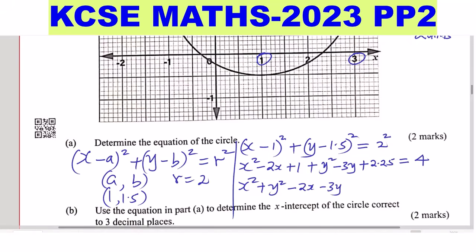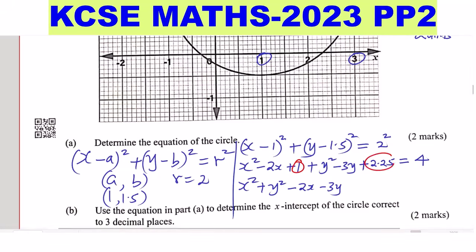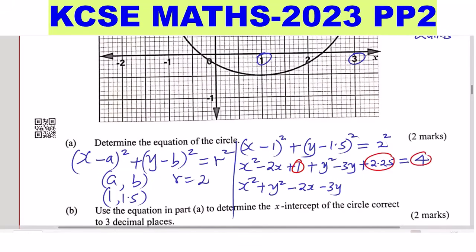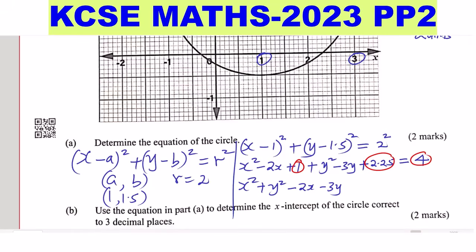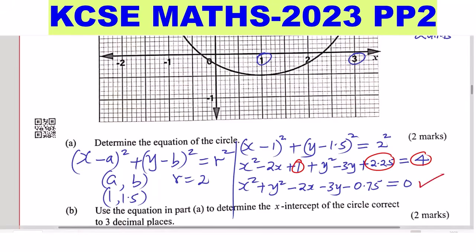I'm just reorganizing these. Then the constants, we have 1, 2.25, and 4. I can bring 4 to the left hand side, so that I will have 1 plus 2.25, then subtract 4, and that will give negative 0.75 is equal to 0. So that is the equation of the circle.